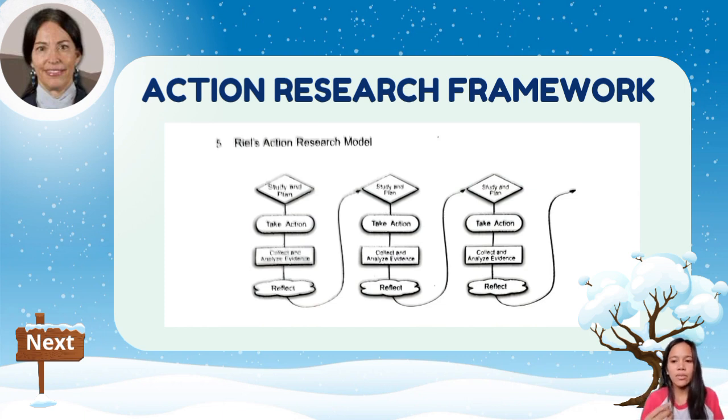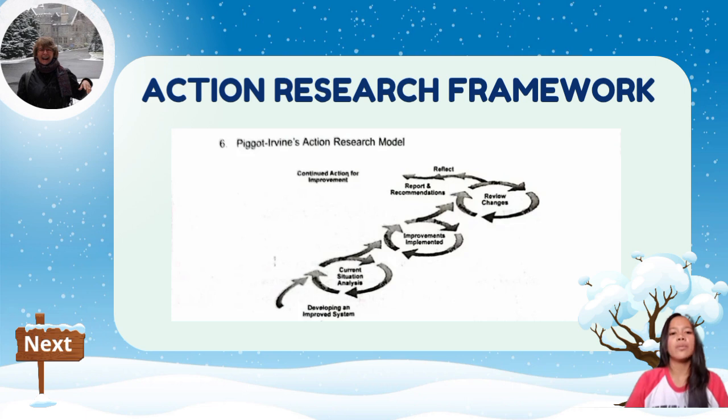After analyzing the evidence, the researcher reflects on the results, in which this reflection helps them to understand what worked well and what needs improvement. Based on this reflection, the researcher begins another cycle with a better plan. This model emphasizes that learning and improvement happen through repeated cycles of planning, action, and evidence collection.